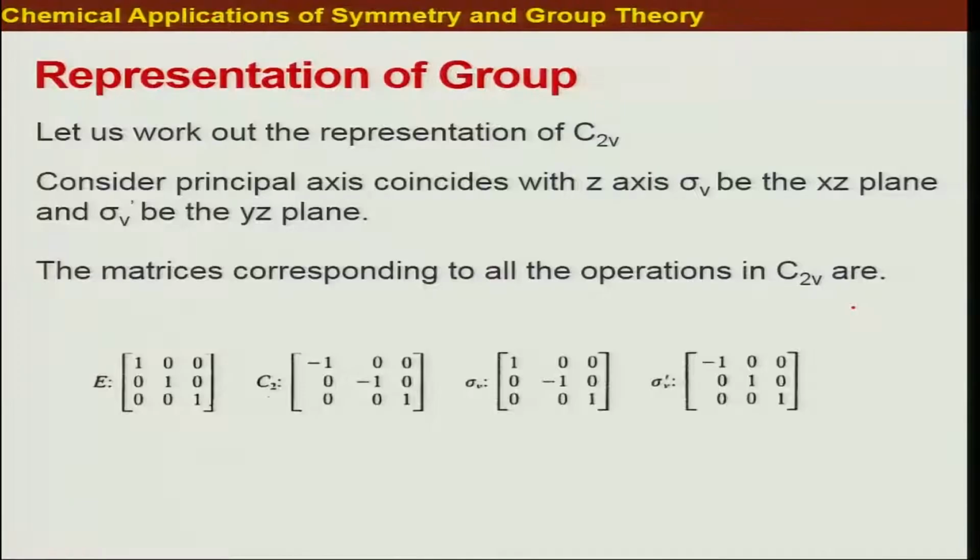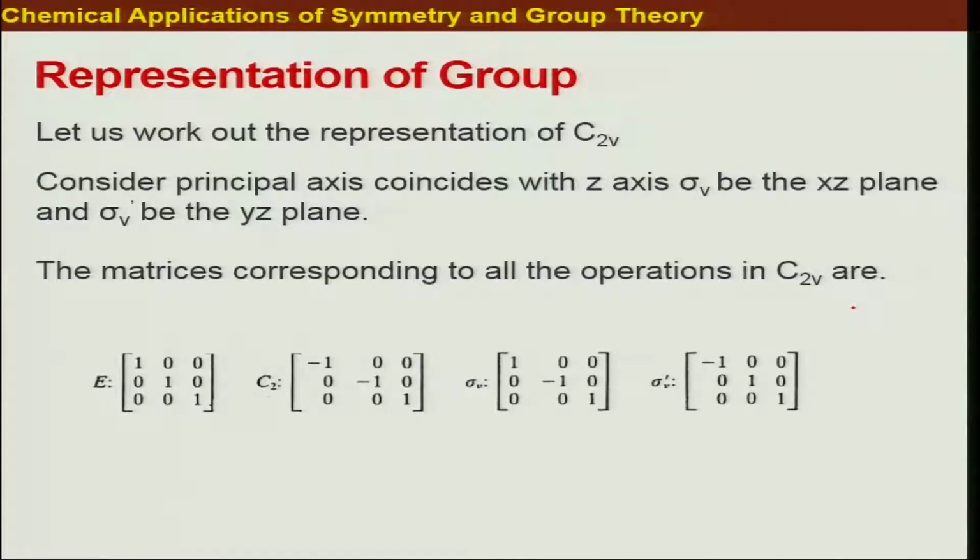We can work out a particular case of the C2v point group. So in this case, we will consider that the principal axis of rotation coincides with the z axis of the Cartesian coordinate system, and the sigma v plane, C2v has two sigma planes and both are vertical planes.